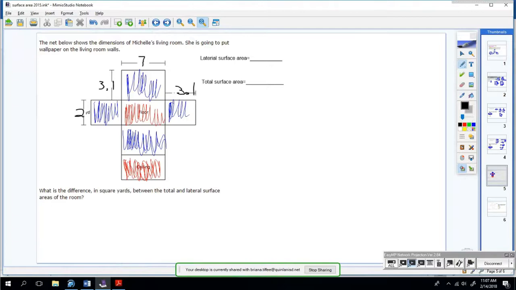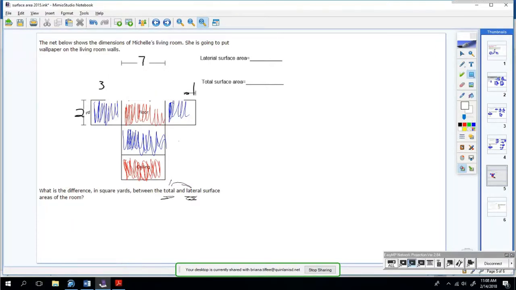So what's the difference between my total and my lateral? Well, let's say I get rid of my lateral surface area, because the difference between total and lateral, you subtract it. So I'm going to subtract my lateral faces from my total figure. So this is what happens. So let's get rid of these.